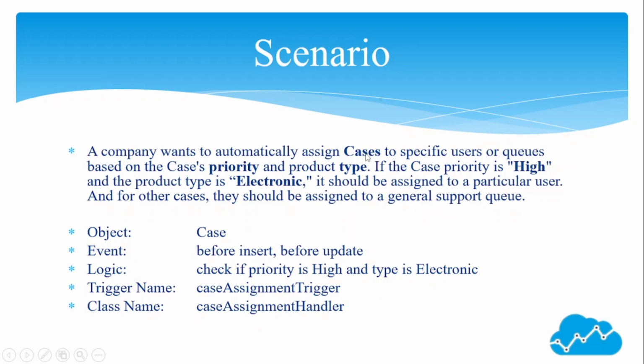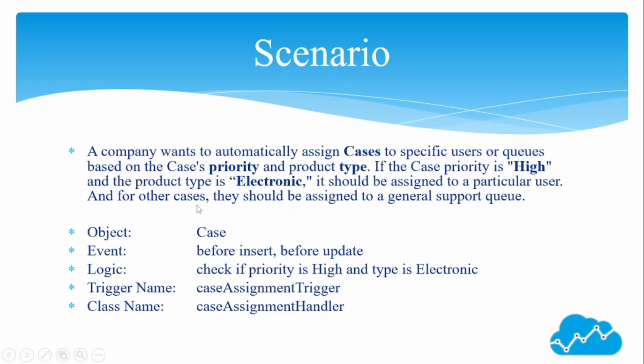So whenever a new case is getting generated, if the criteria is met, like priority is high and type is electronic, then it should be assigned to a particular user. In our Salesforce org, I am going to take an administrator user.